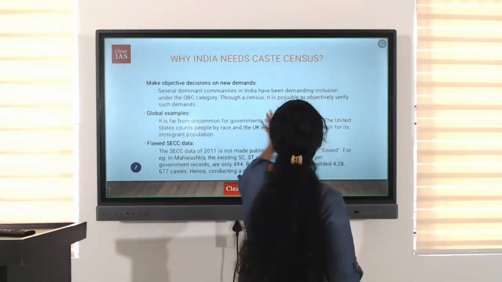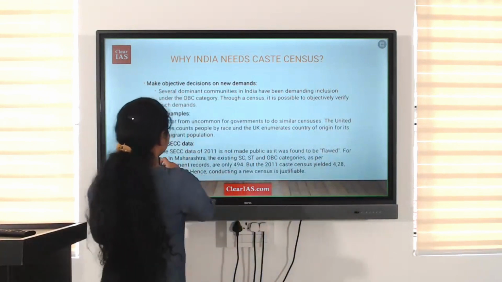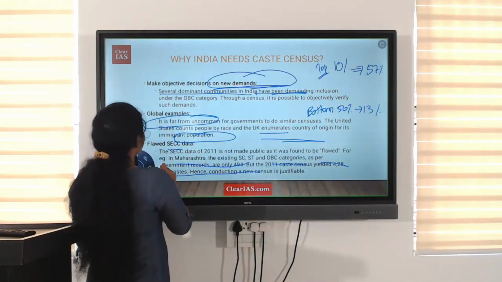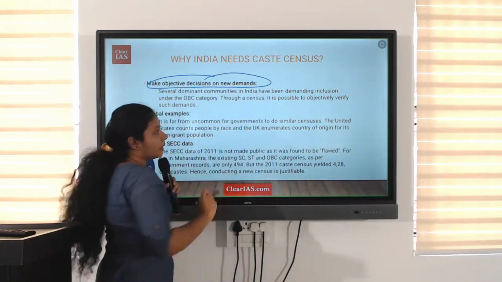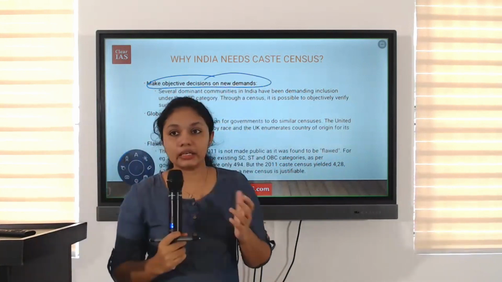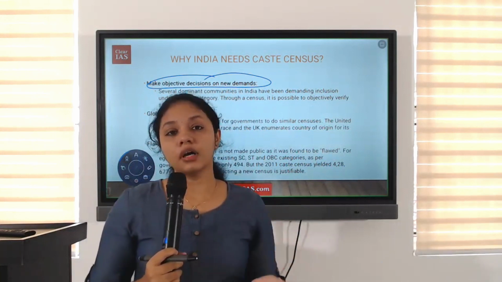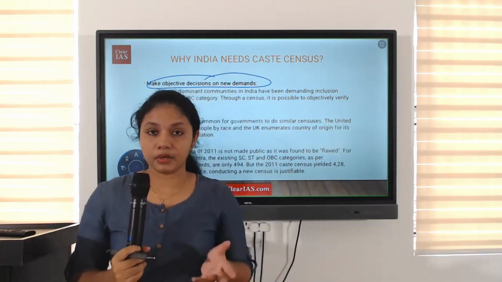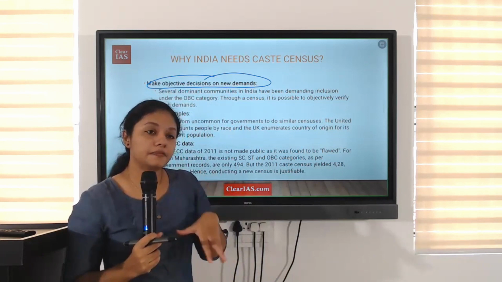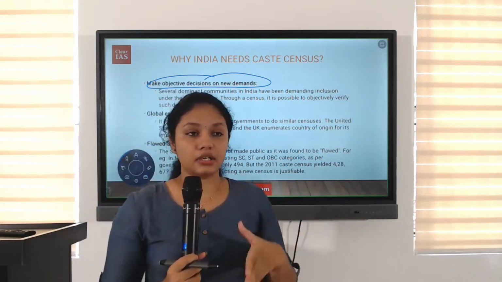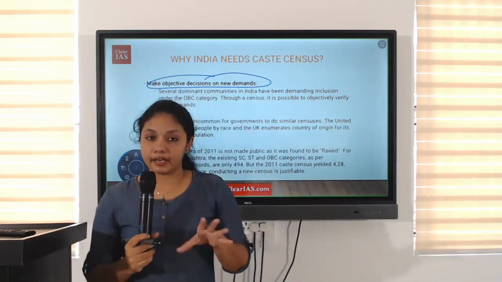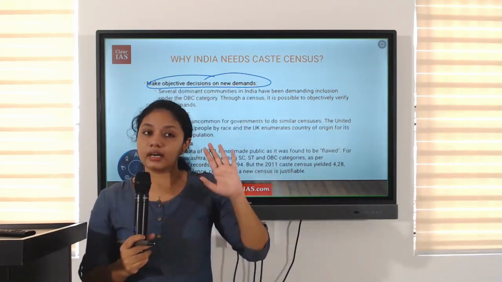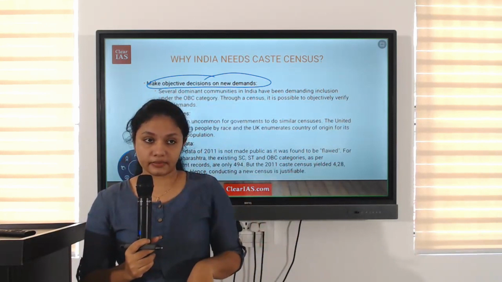Okay. Next one, make objective decisions on new demands. Many communities, mainly in the OBC section, are demanding new reservations. But whether it could be passed or left out can only be decided after the correct identification of data, right?